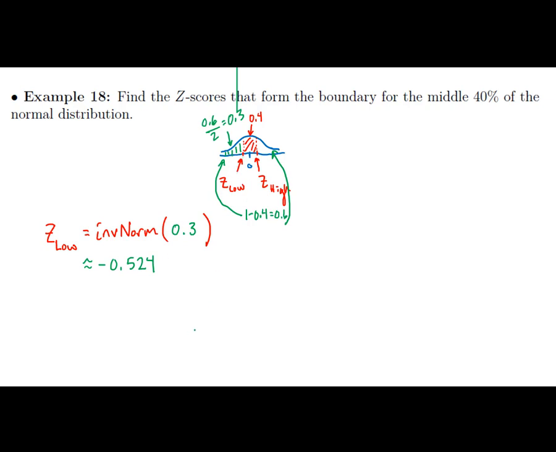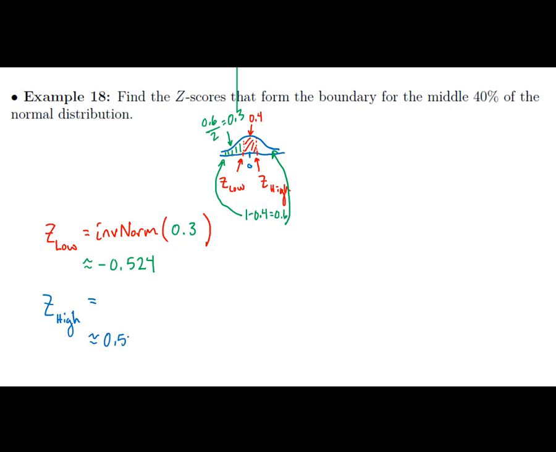Now, if you're thinking critically about finding the high z-score, you might realize that I really don't have to do any more work in order to figure it out. So to get the high z-score, if we just remember that the normal curve is perfectly symmetric, since I'm looking for the bounds on the middle 40%, the high z-score should just be 0.524.